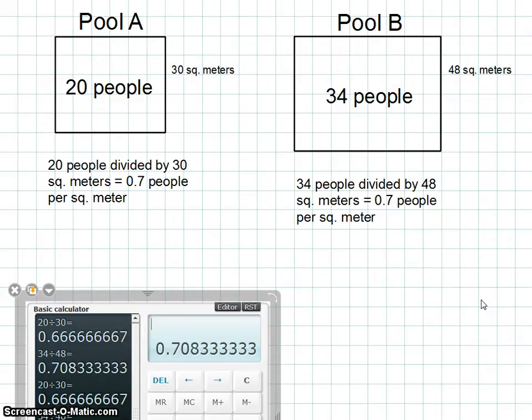So I guess the point I'm trying to make here is, after watching this video and the other part of this video, you were introduced to 2 different ways of comparing the crowdedness of 2 or more places.